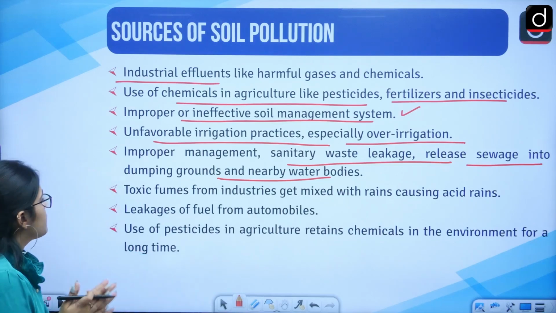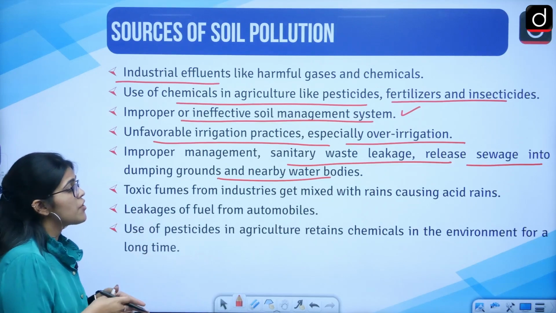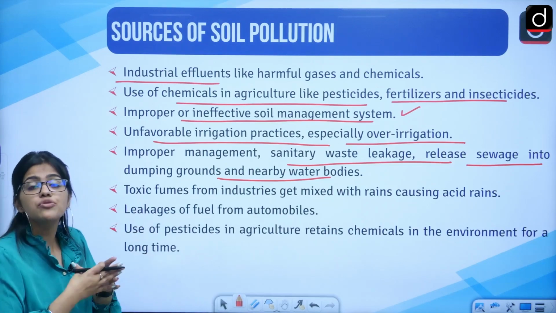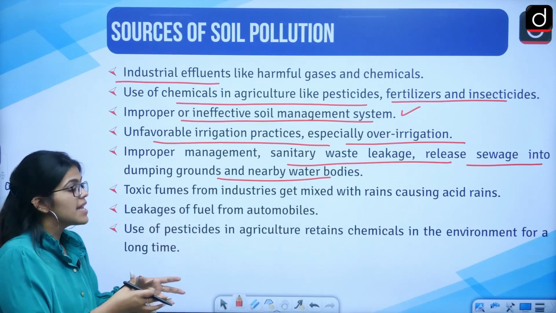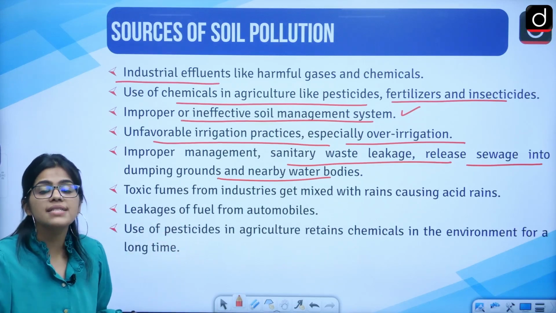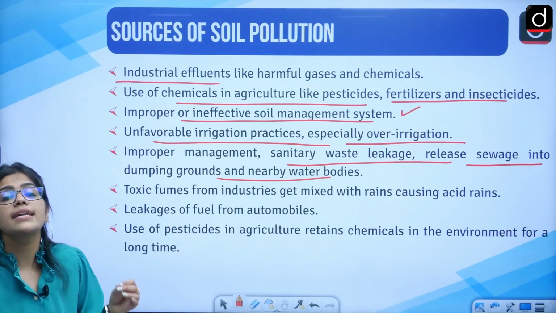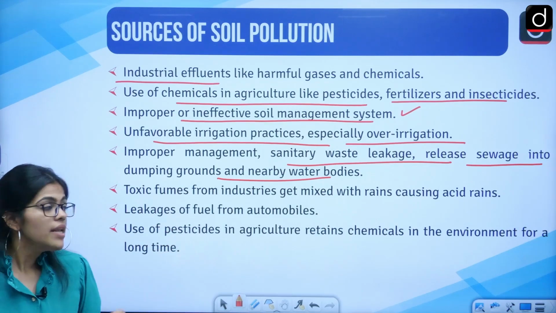Then toxic fumes from industries can get mixed with the rain and cause acid rain. It will fall down on the plants as well as on the ground and can deteriorate the soil again.